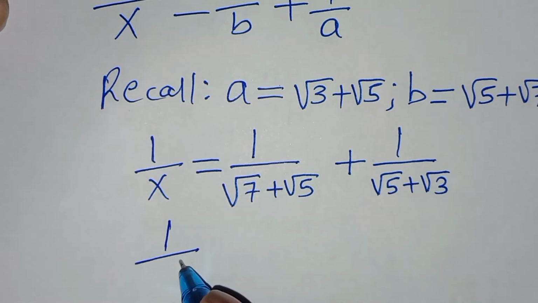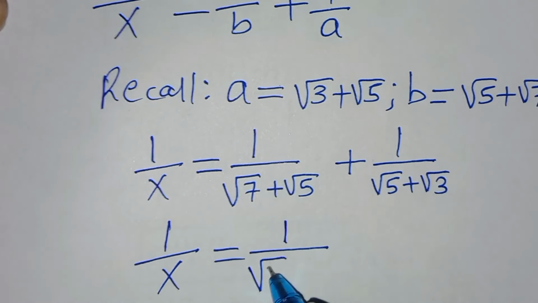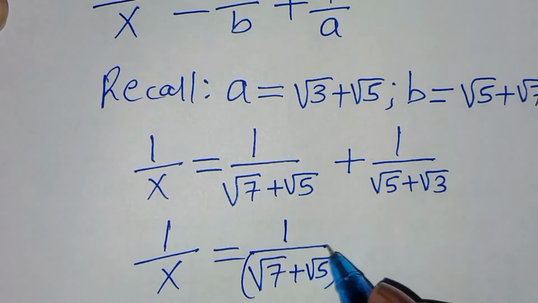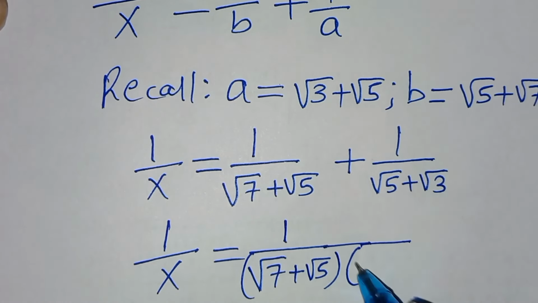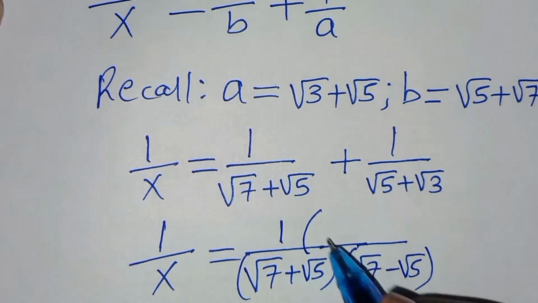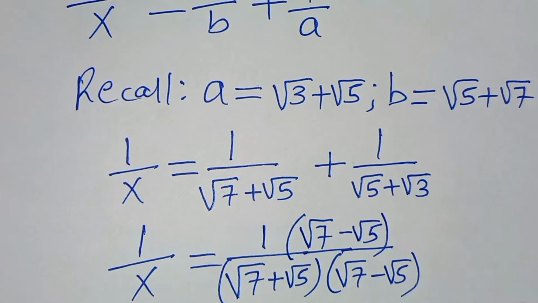So this implies that 1 over x will be equal to 1 over square root of 7 plus square root of 5 multiplying by the conjugate, which is square root of 7 minus square root of 5. We also multiply the numerator with square root of 7 subtract square root of 5.